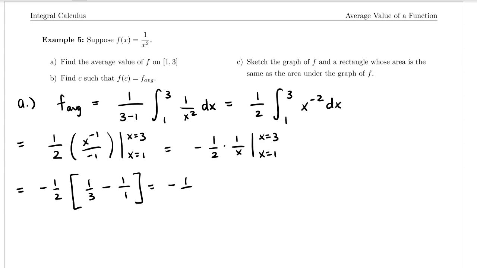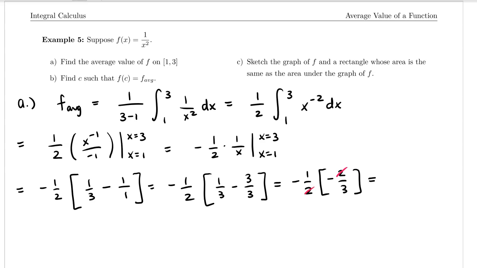So now we have negative 1/2 times, if I found a common denominator, that would be 3/3 there. And so I get negative 1/2 times, this would be negative 2/3, and these 2's would divide out, and I end up with positive 1/3 for my answer for part A.